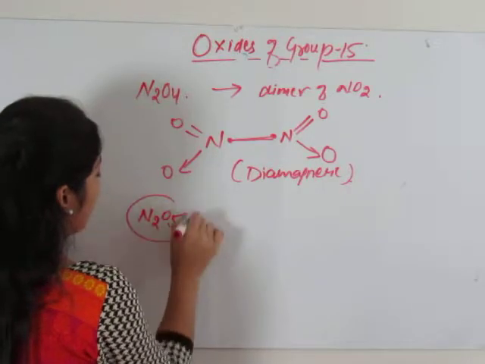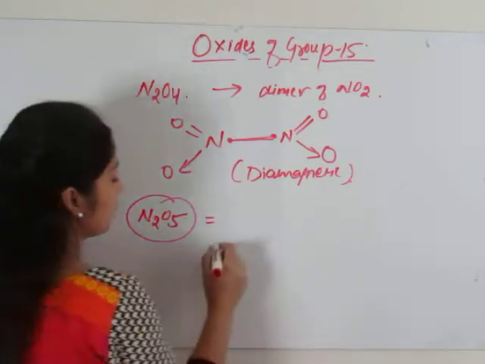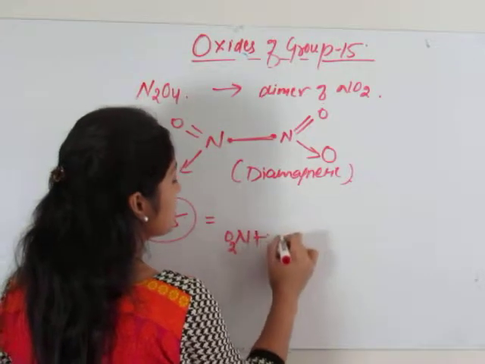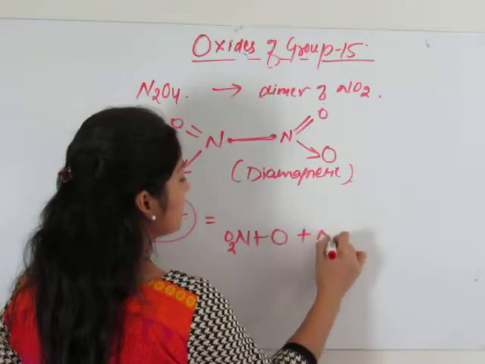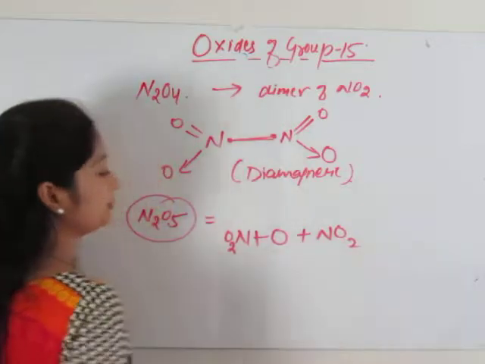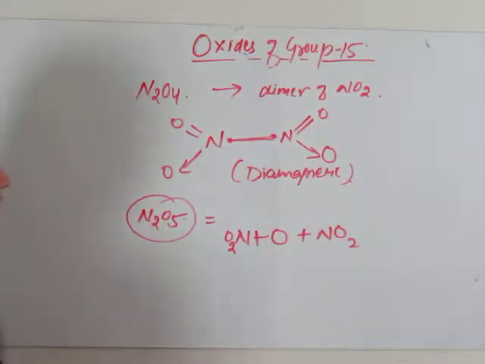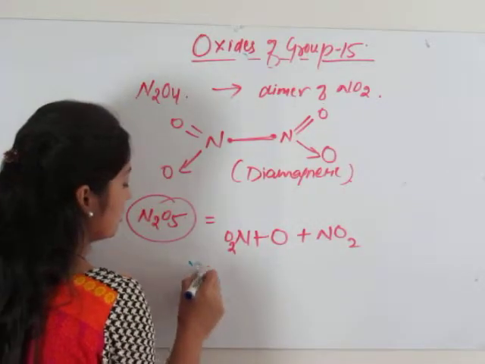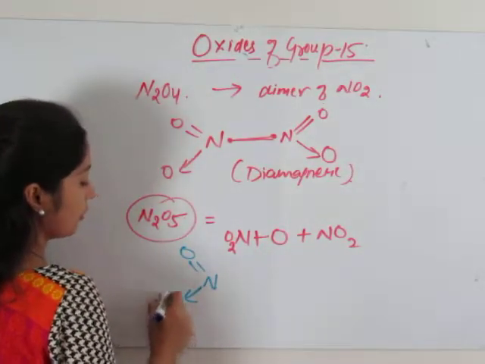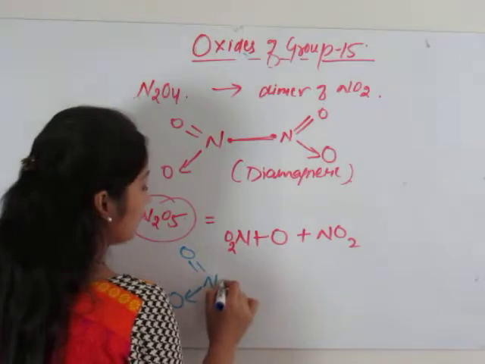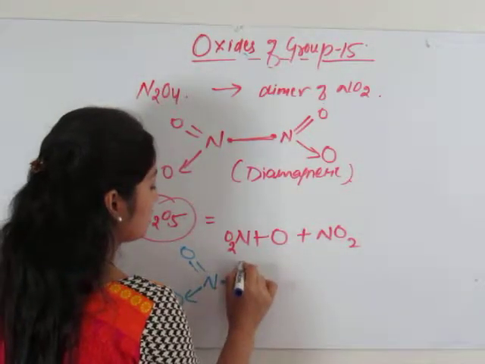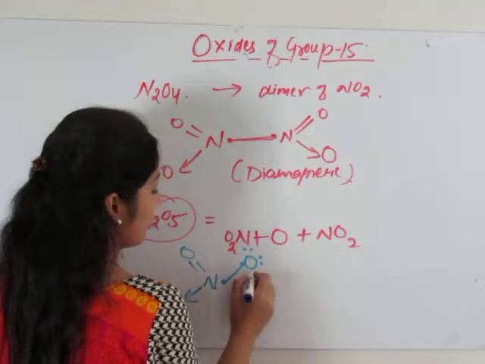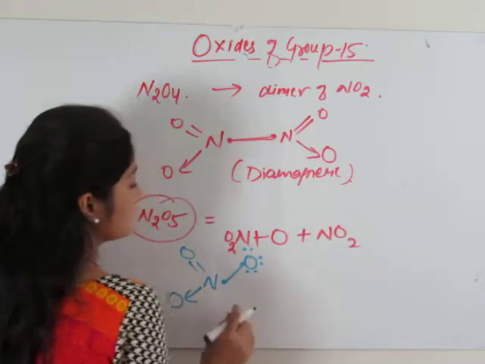Next है आपका N2O5. N2O5 का स्ट्रक्चर ड्रॉ करने के लिए what you will do, NO2 plus oxygen plus NO2. So its structure will be nitrogen double bonded to oxygen, one coordinate bond with the oxygen, one pair unpaired electron. Here oxygen 1, 2, 3, 4, 5 and 6.